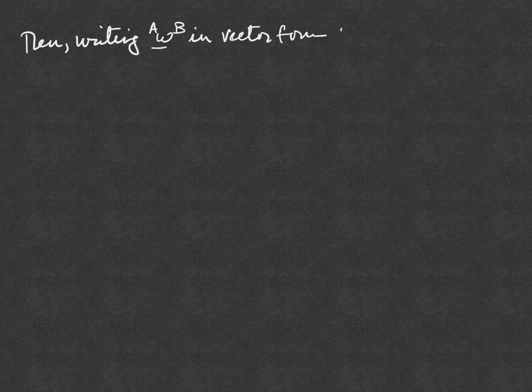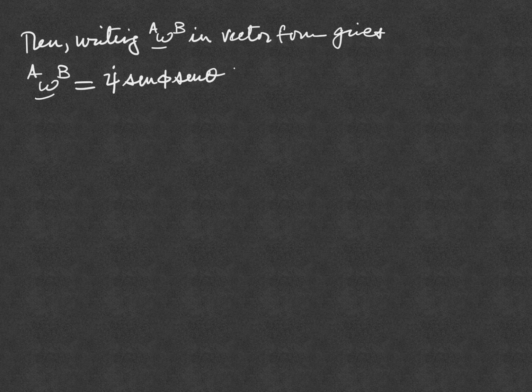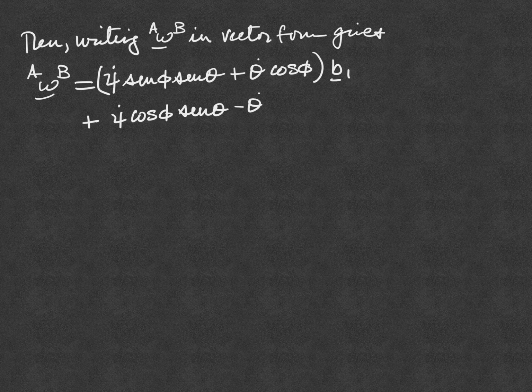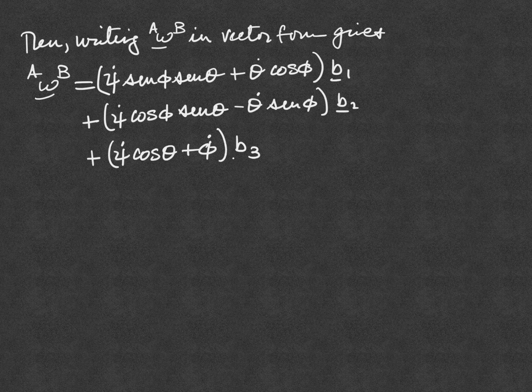So then writing omega BA in vector form gives omega BA is equal to psi dot sine phi sine theta plus theta dot cosine of phi, the whole thing times B1, plus psi dot cosine phi sine theta minus theta dot sine of phi times B2, plus psi dot cosine theta plus phi dot times B3.